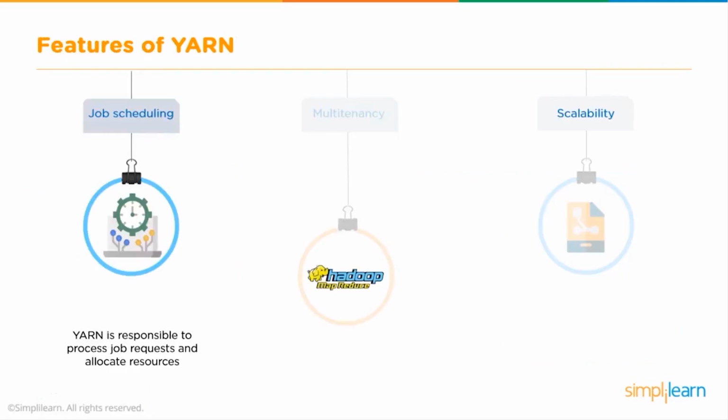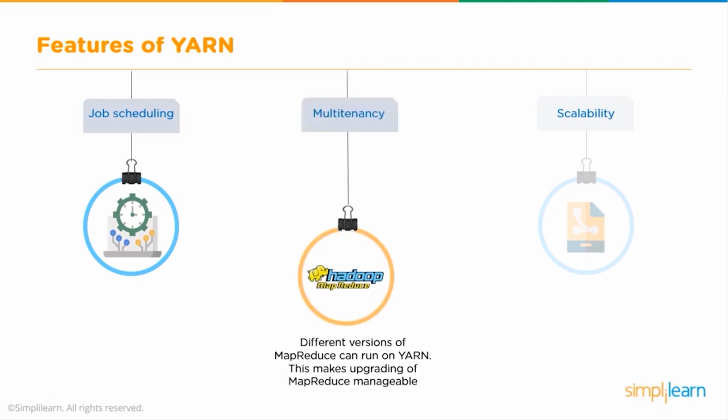Yarn has an internal component called scheduler, which takes care of job scheduling. So Yarn is responsible to process your job request and allocate resources which are required. With this capability of Yarn having an application master, which is a temporary daemon, Yarn supports multi-tenancy, which basically means different kinds of processing can now happen on Yarn, which also means we can have multiple users using the cluster, and you could even have different versions of MapReduce or other processing frameworks possible on Yarn.